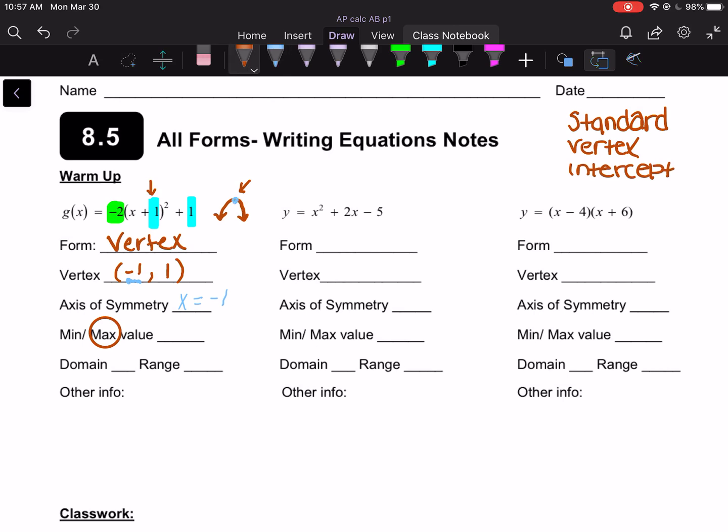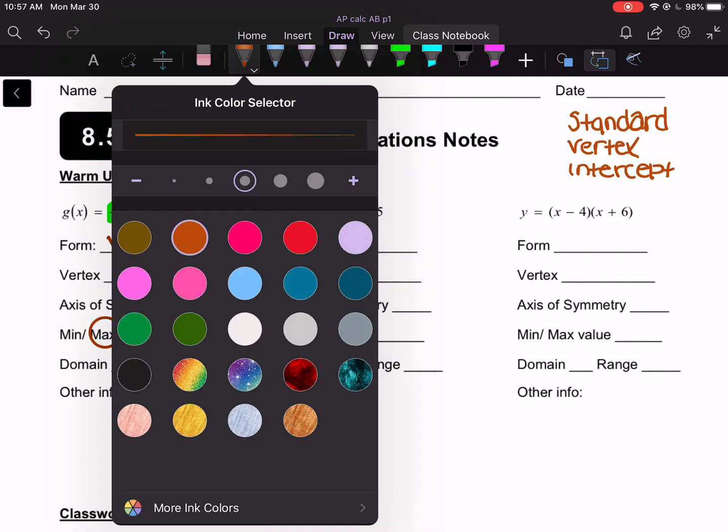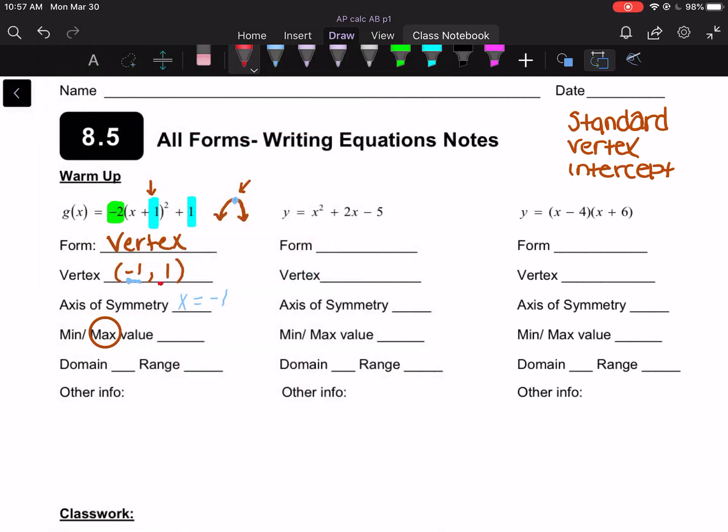In this case, the y value of the vertex is 1, so your maximum value is 1. The domain for these parabolas is all real numbers. And the range also has to deal with the y value of the vertex. Since it's facing down, we know all the y values are less than or equal to the y value of the vertex, 1.